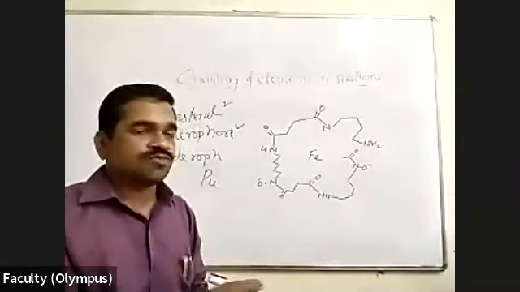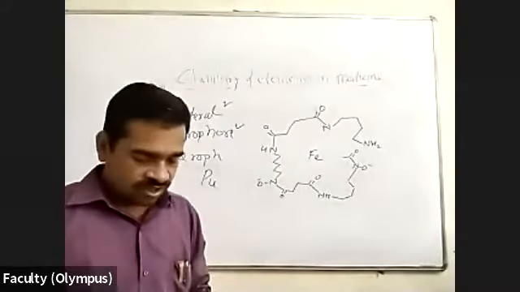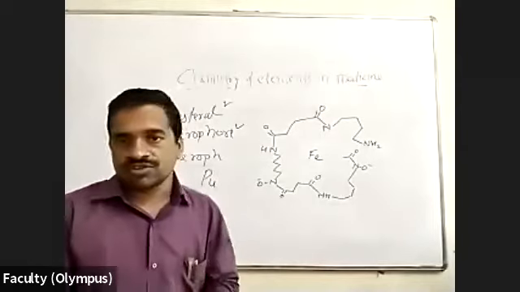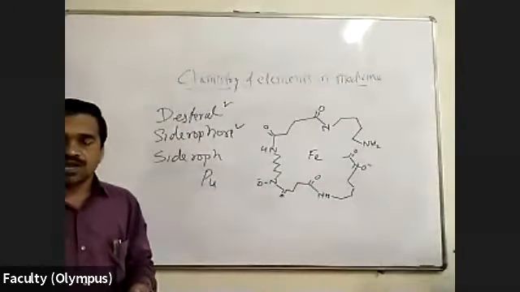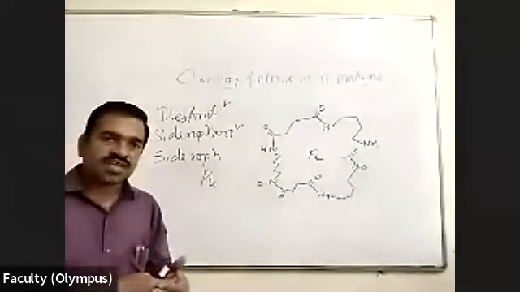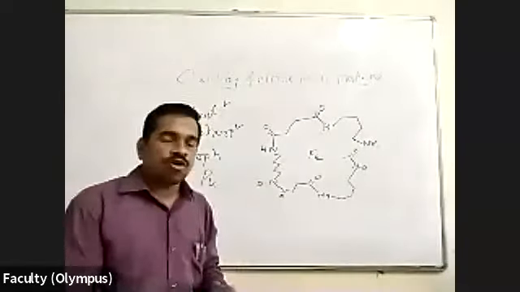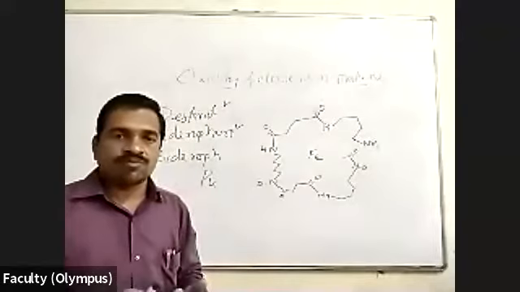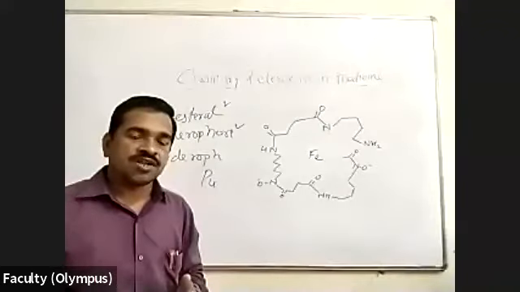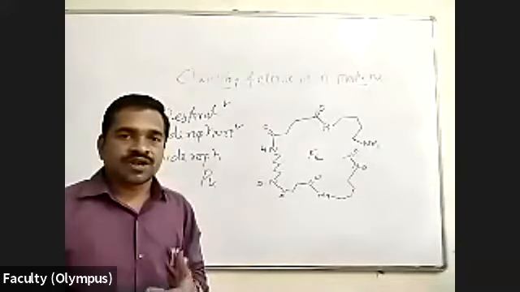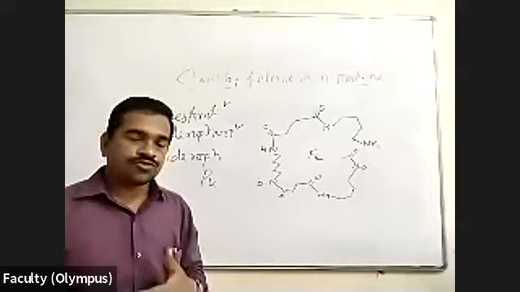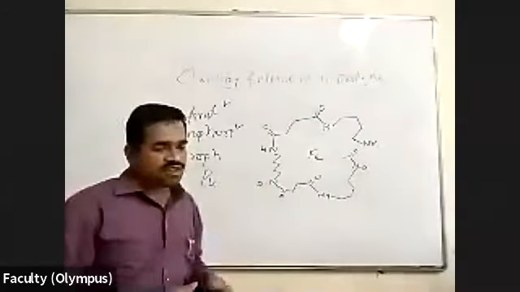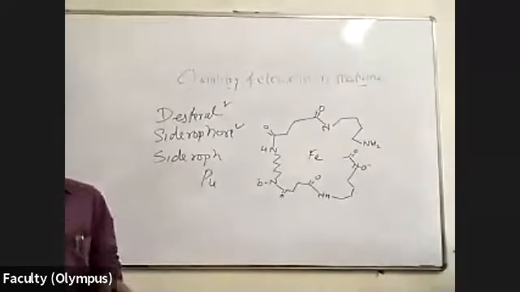For example, if oxygen is there, iron combines with oxygen and forms a harmful compound, iron oxide. If there is excess calcium and oxalate is present in the body, it can form calcium oxalate. That calcium oxalate deposits in the kidney, and there is formation of kidney stones. So to remove these elements, we use chelation therapy.